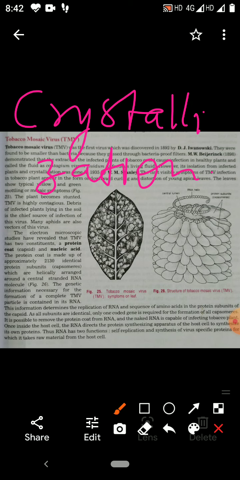So, W.M. Stanley isolated tobacco mosaic virus from an infected plant and he obtained this virus in the form of crystals of tobacco mosaic virus.